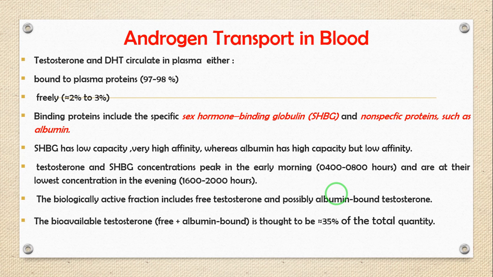About 60% of testosterone is bound to the sex hormone binding globulin, and about 38% is bound weakly to albumin.